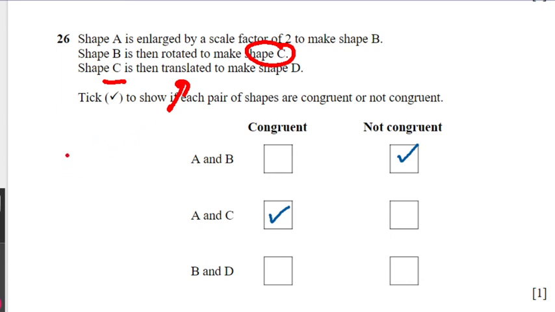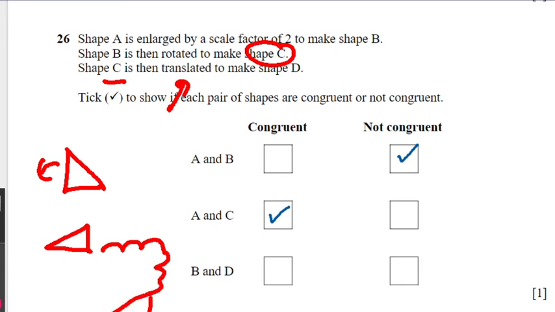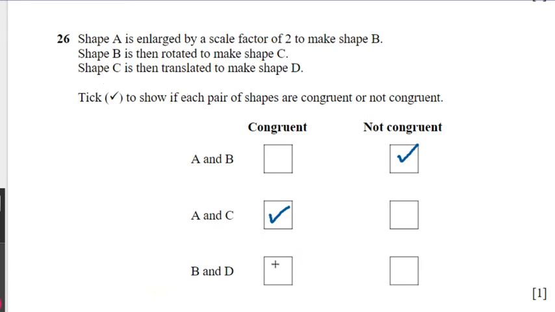So for example, if you rotate 90 degrees, you'll get something like that. And then after that, you translate, maybe go here 1, 2, 3 and then go down 1, 2, 3, so it's still the same size. So B and D, they are still congruent. Got it? Is that okay?